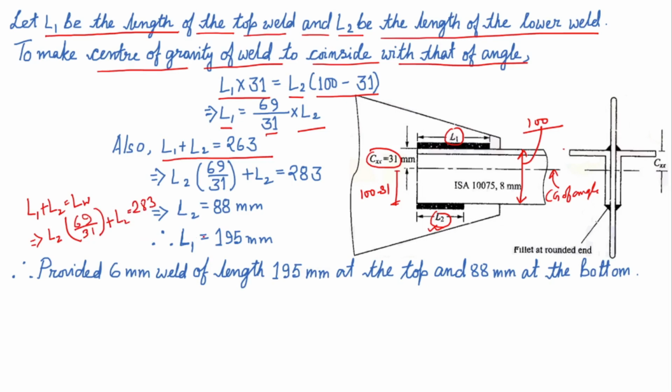By solving this for L2, I shall get 88 mm. So at the bottom of the angle we have to provide a weld of length 88 mm, and at the top I have to provide 195. How shall I get 195? 283 minus 88. So I shall get a 195 mm weld at the top.